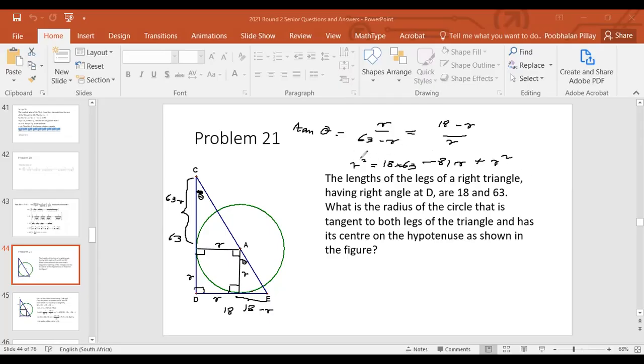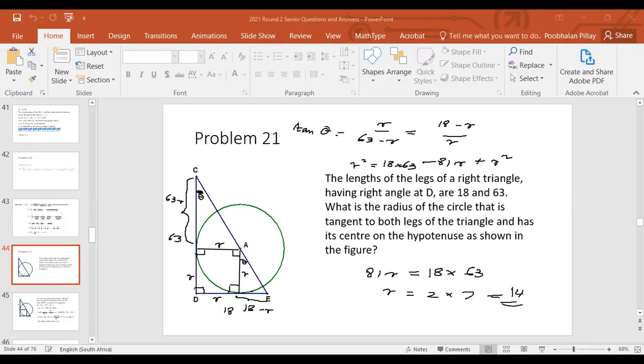And happily, the R squared cancels, right? You can take the 81R to the other side. No calculators are allowed. So you can divide by 9 and you get 9R. Divide that by 9 and divide the other by 9 as well, to get 9 times 9 is 81. And without any calculators, you can get the final answer is 2 times 7, which is 14.